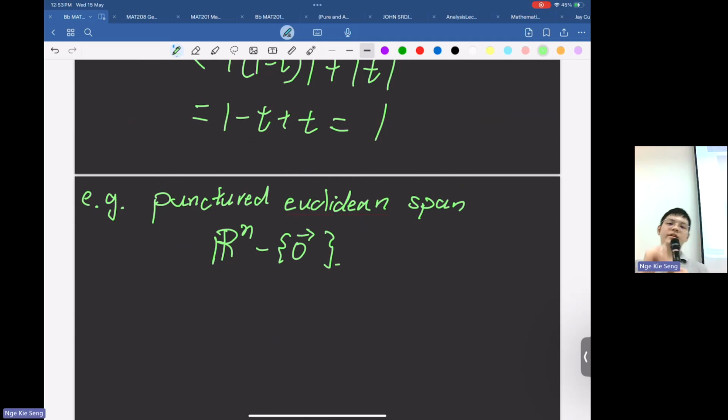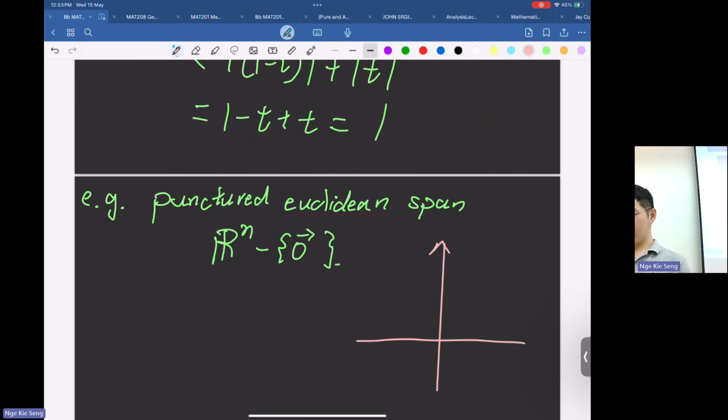Okay, so is this space path connected or not? Let's just imagine it in R2 first. Let's say we puncture it in the middle, so there is a hole here.